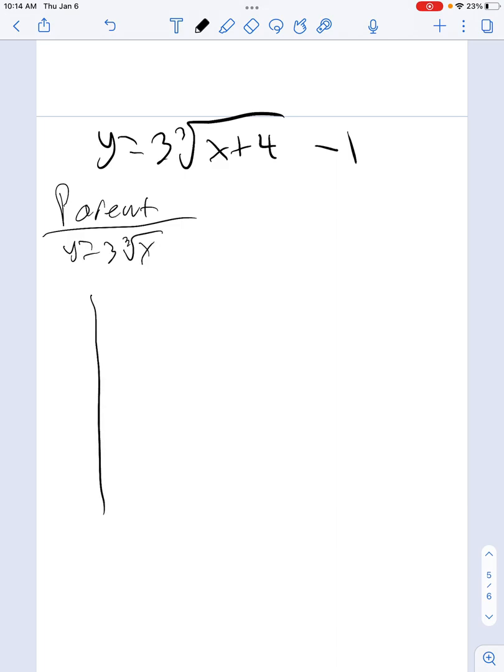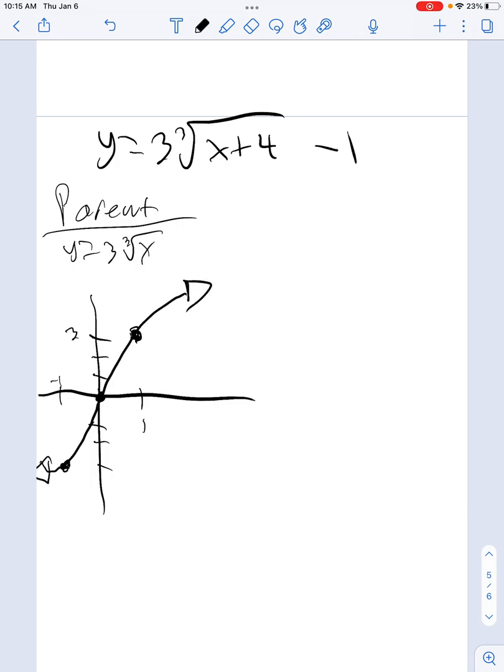I know that it would look something like this. It would go through 0, 0. When x is 1, y would be 3. And when x was negative 1, y would be negative 3. So it's going to be something like that, roughly. Now I need to apply my 2 translations.